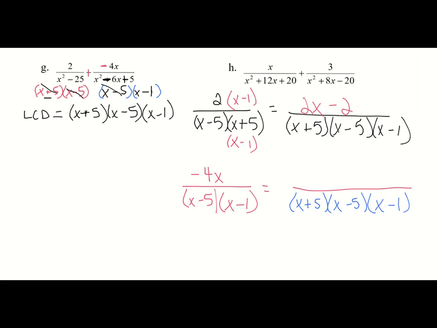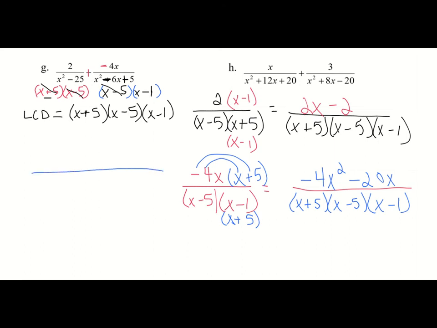So I am missing x plus 5 here. So when I distribute, that will give me negative 4x squared minus 20x. Okay, so right now we have this, and I'm going to write it out with one denominator because we're running out of room.